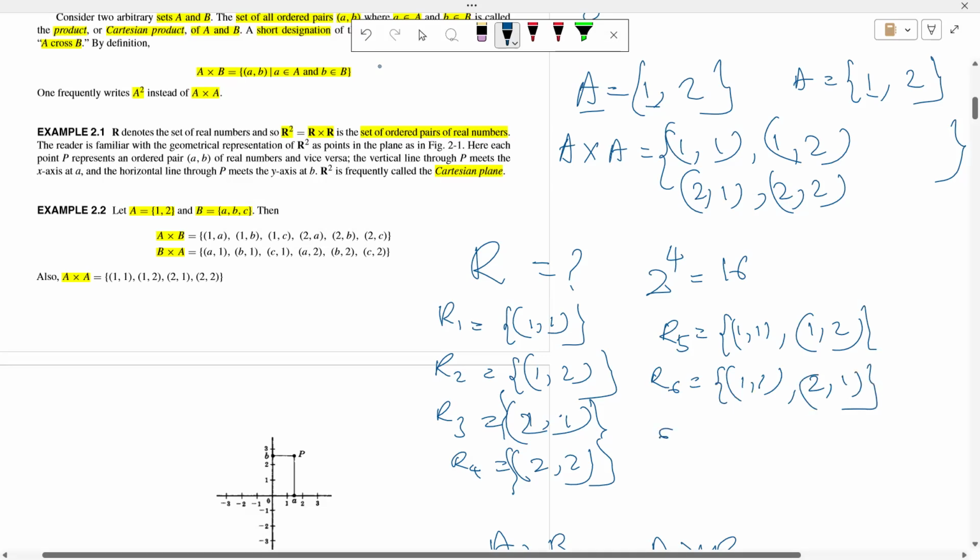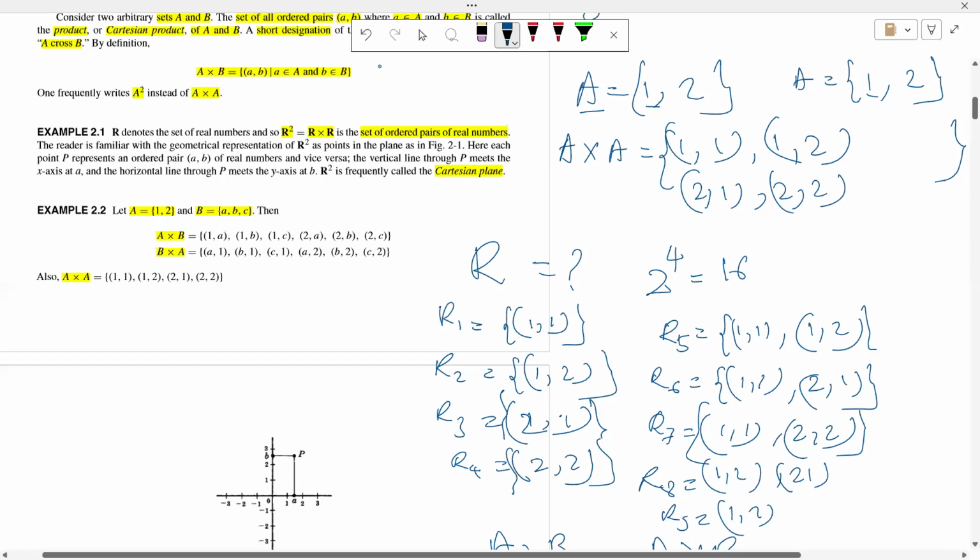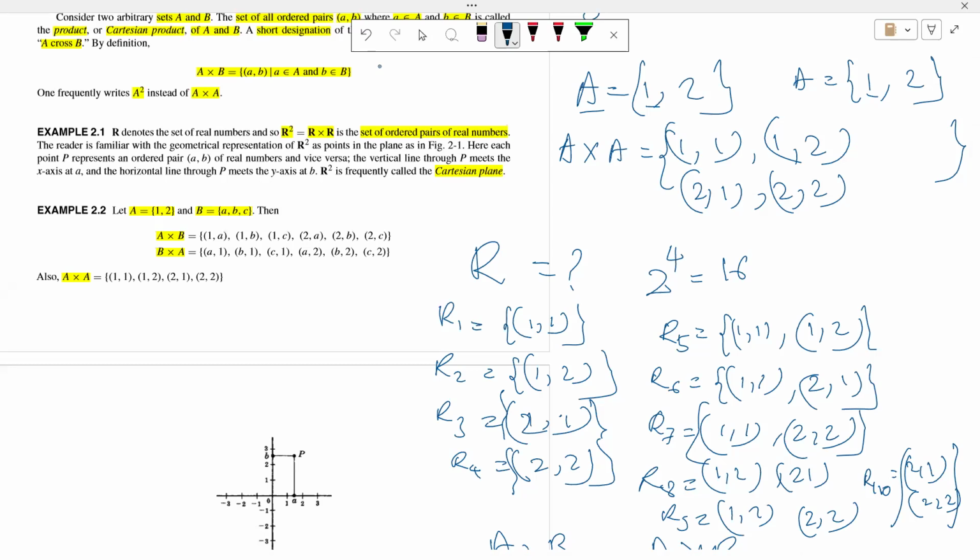R7 is 1, comma 1 and 2, comma 2. This is another relation. R8 is 1, comma 2 and 2, comma 1. Another relation, R9 is 1, comma 2 and 2, comma 2. R10, the 10th relation, is 2, comma 1 and 2, comma 2. So 10 relations altogether up to two elements, right?